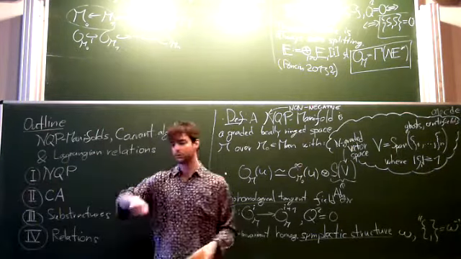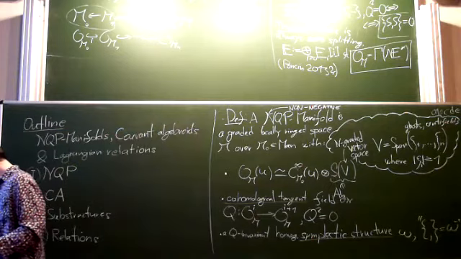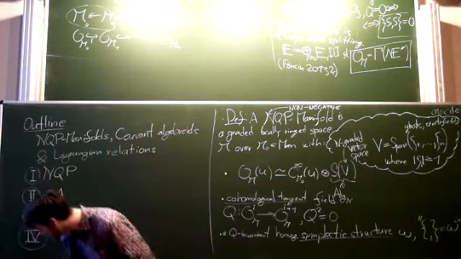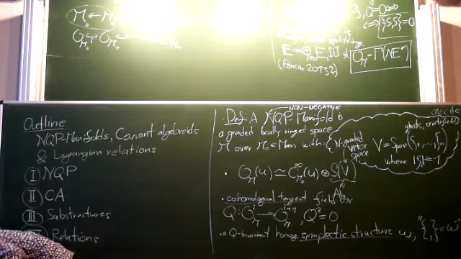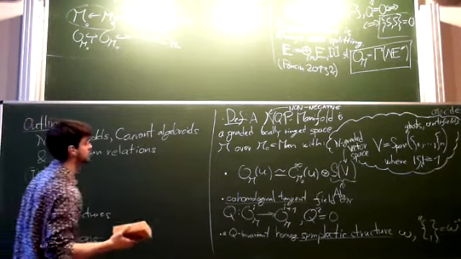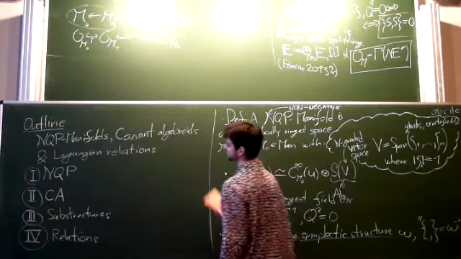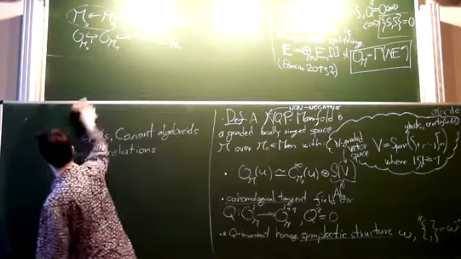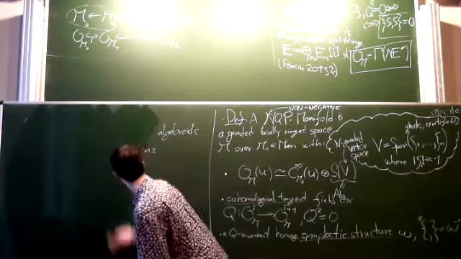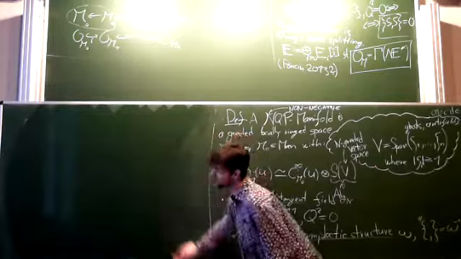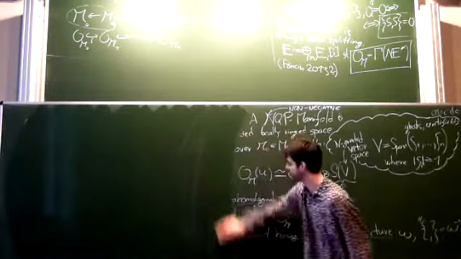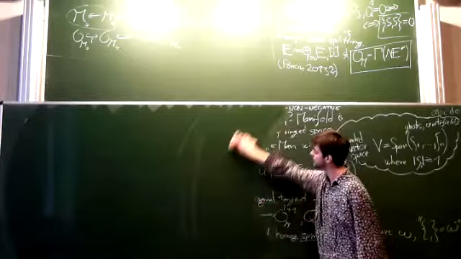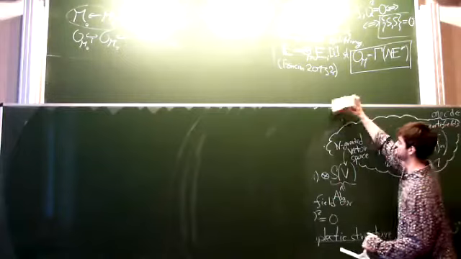So Courant algebroids are just vector bundles equipped with some structure, and the structure is a straightforward generalization of a quadratic Lie algebra.